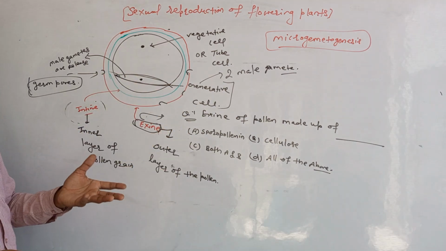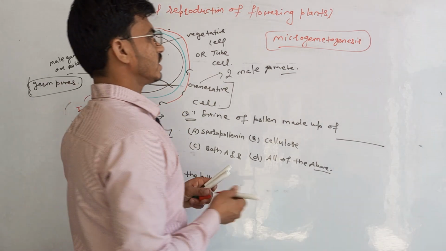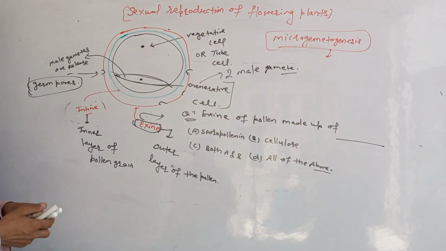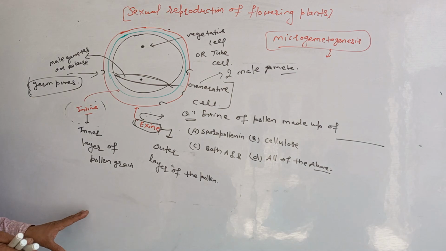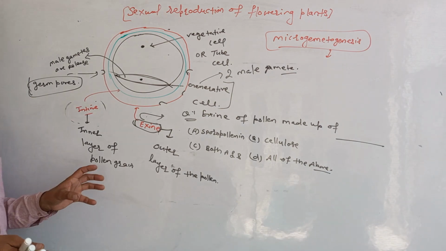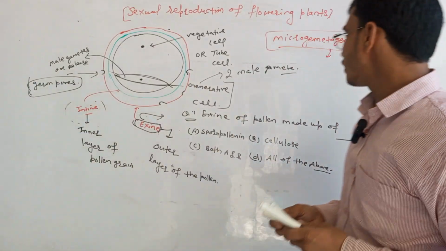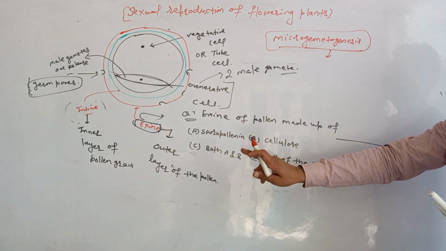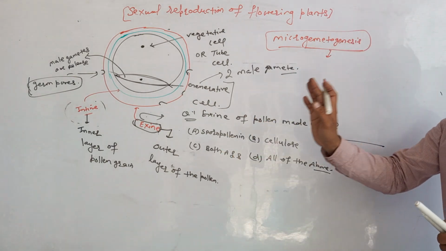But the examiner may ask what microgametogenesis is. We have not discussed it till now, because the process of gamete formation is known as gametogenesis, while here we discussed the formation of spores, or sporogenesis.